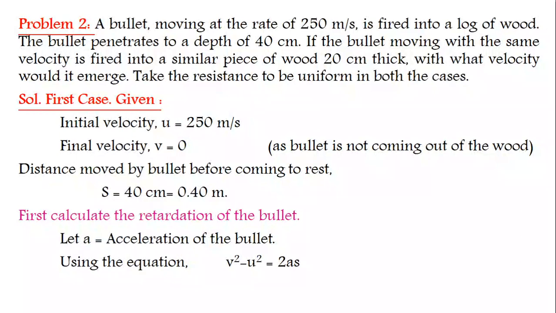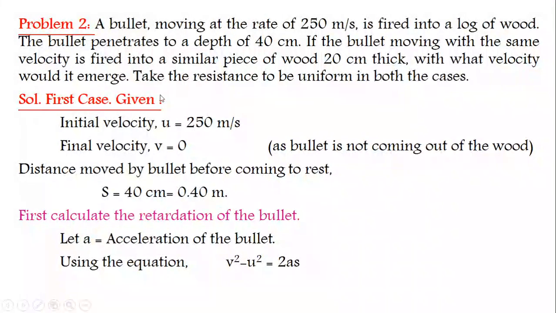Emerge means with what velocity the bullet comes out of that 20 centimeter thick wood. Take the resistance to be uniform in both the cases. Okay, let's go to the solution.